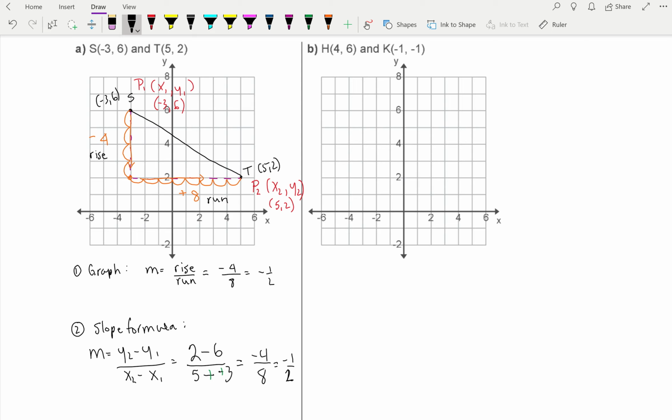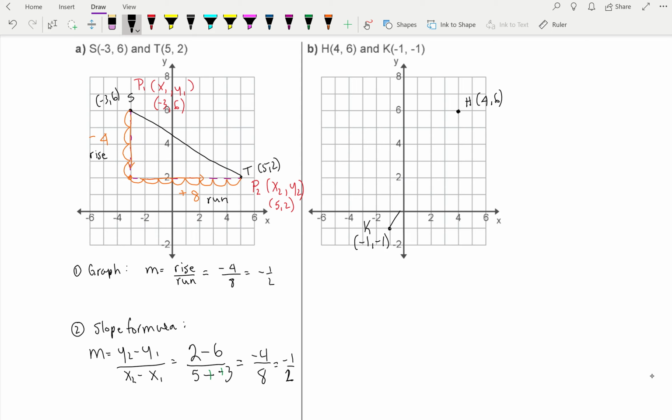Okay, let's do our second example here. We have a point H at (4, 6), and a point K, which is at (-1, -1).